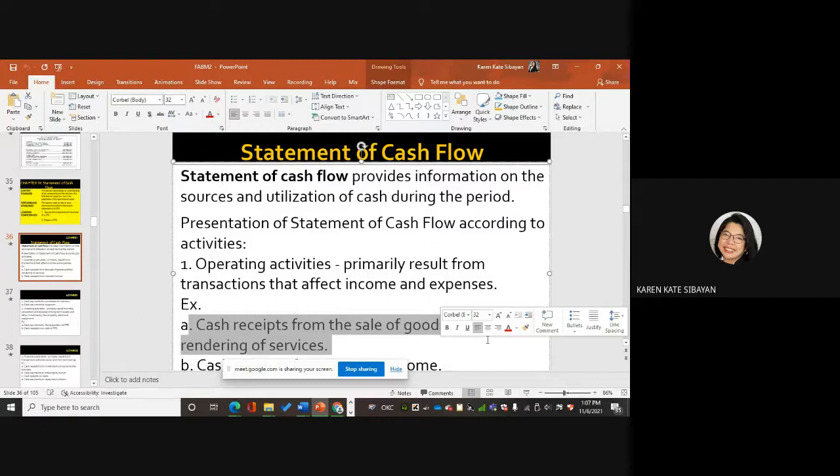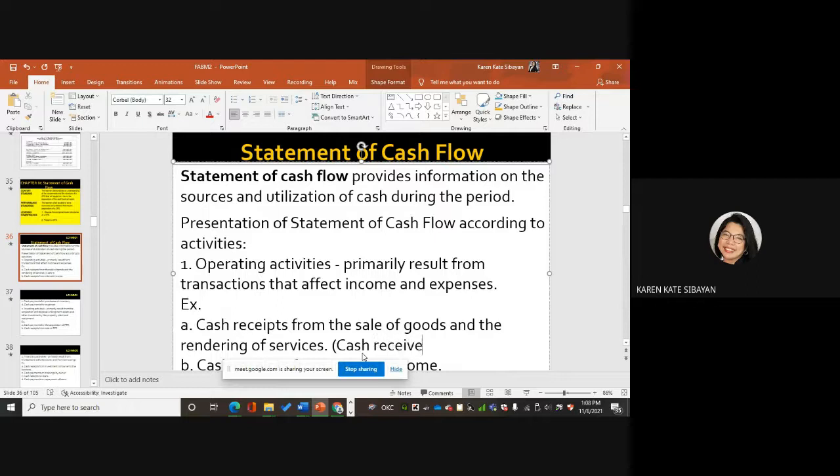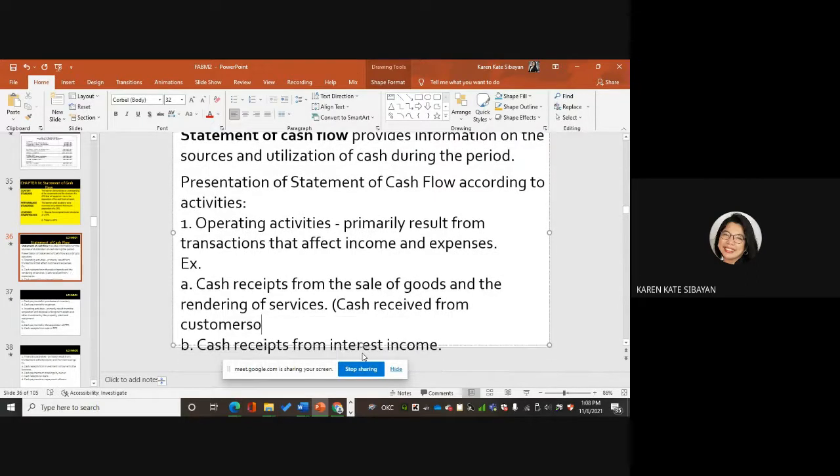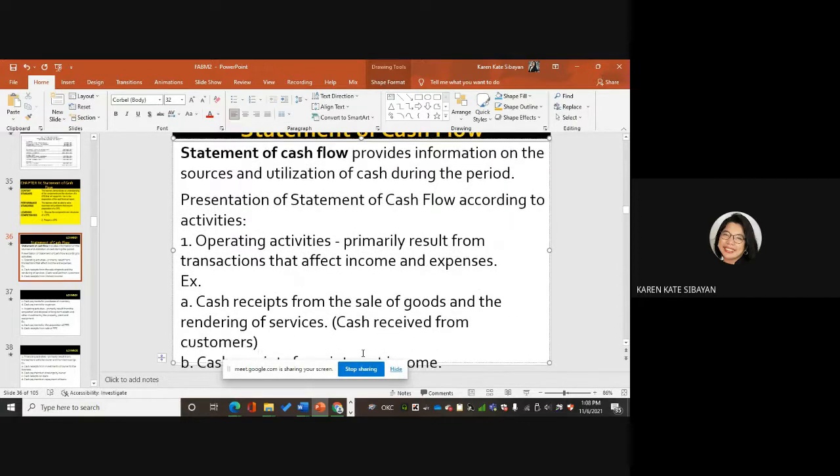So in the cash flow statement, all you put there is cash received. Cash received from customers under operating activities.